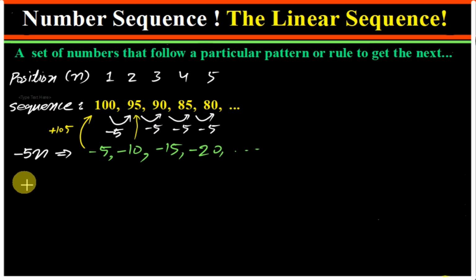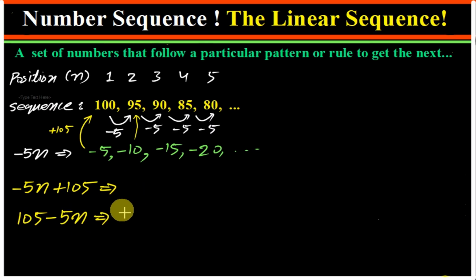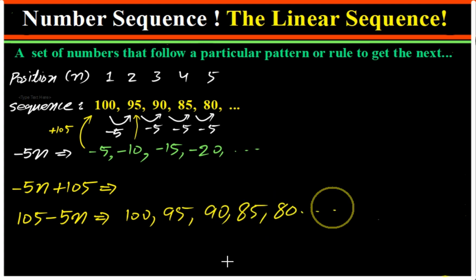It means if you add 105 to the multiple of minus 5, you get this sequence. Or in another way, if you subtract the multiple of 5, that is 5n, from 105, you get this sequence: 100, 95, 90, 85, 80, and so on. So this is the position to term rule for a decreasing linear sequence.